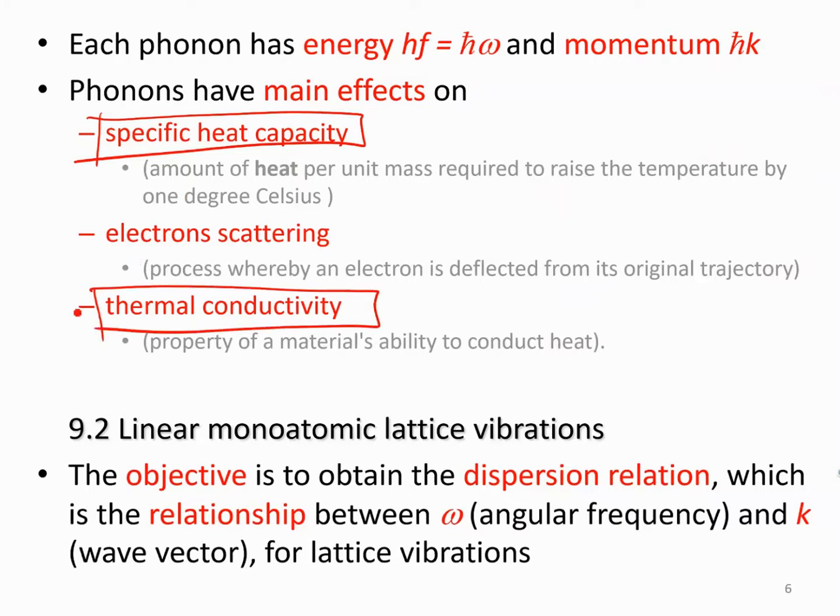Different materials, let's say I have wood, I have iron, I have copper. All these three materials have different thermal properties, such as thermal conductivity as well as specific heat capacity. Why do they have different thermal properties?